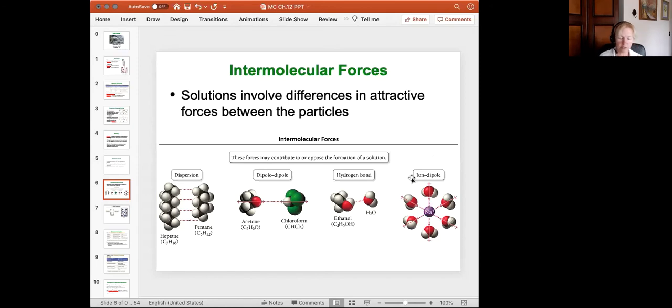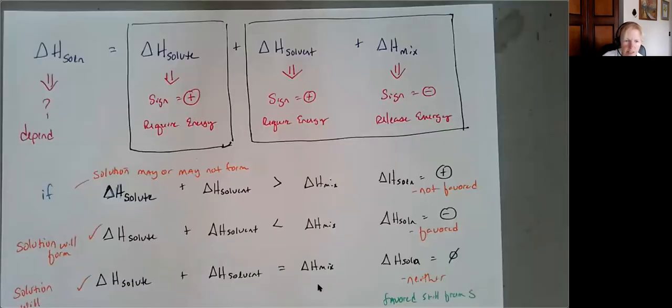So if I just look at what's happening in the solvent phase of things, I have to break apart the solvent intermolecular forces, and then I'm going to form solute-solvent intermolecular forces. If I have an ionic compound, it's going to be this ion-dipole. So this is always greater than this. And so for an aqueous solution, we could do a little bit of a shortcut here and combine these things together.